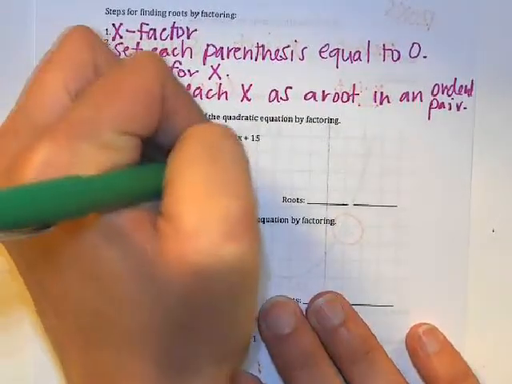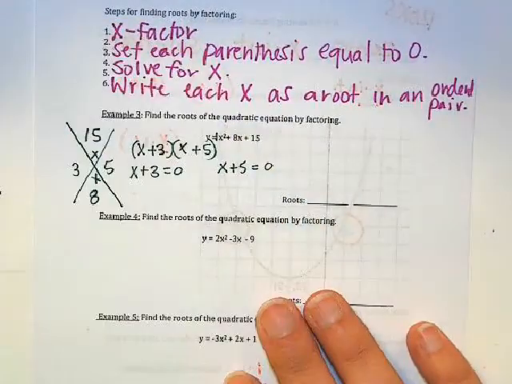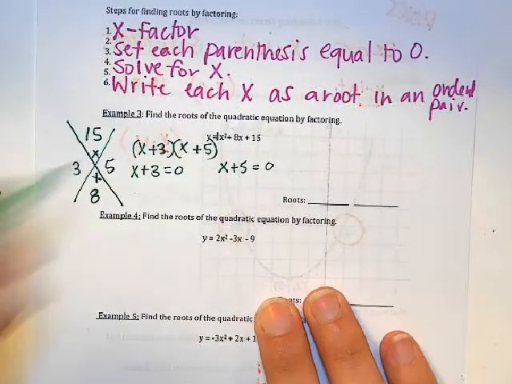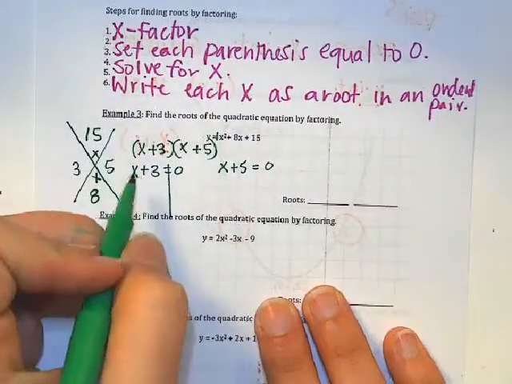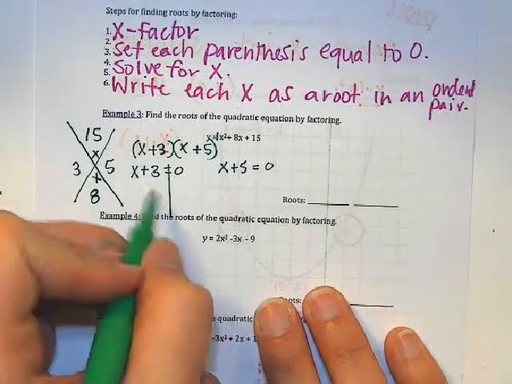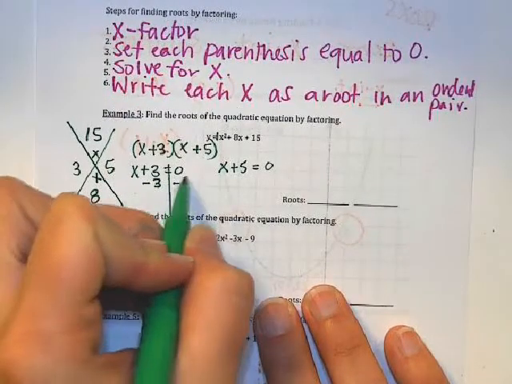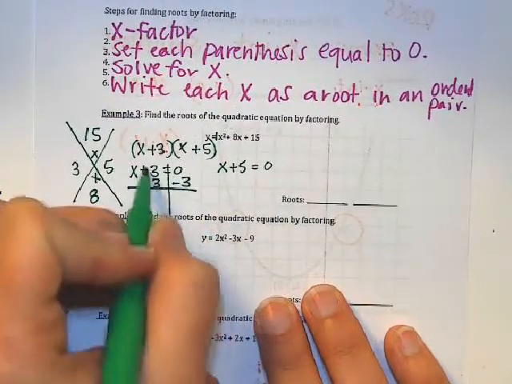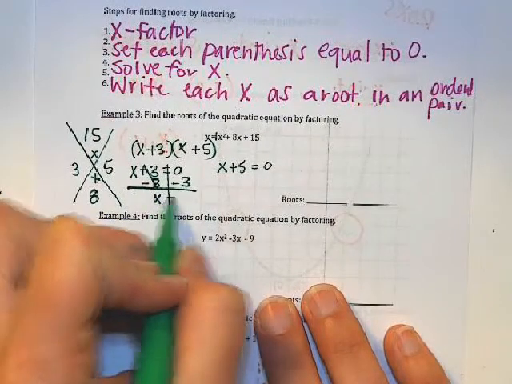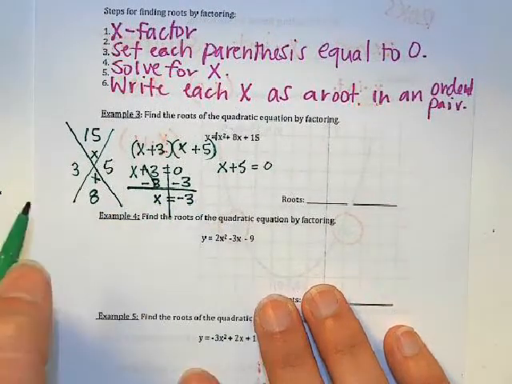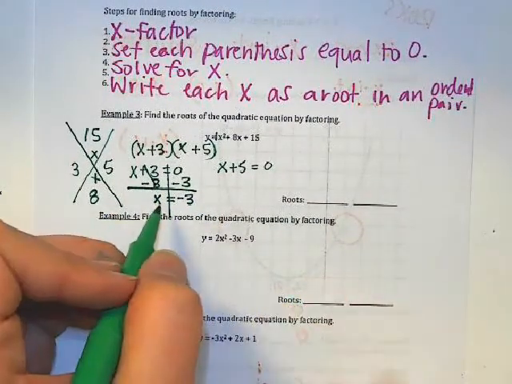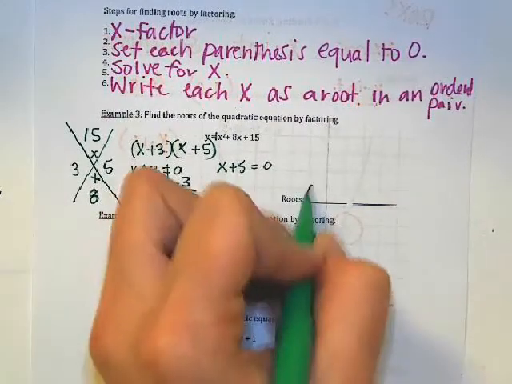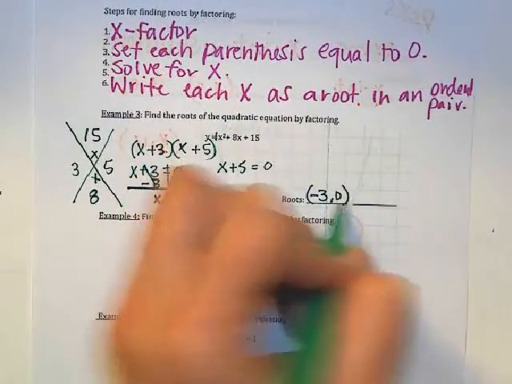X plus 5 equals 0. Solve. How do I get this x by itself? Minus 3 to both sides. These cancel. I'm left with x equals negative 3. Okay, so my first root is negative 3, 0.